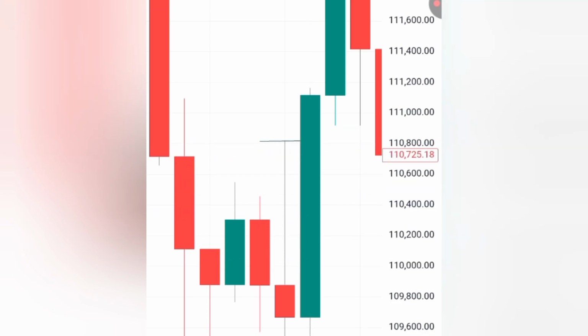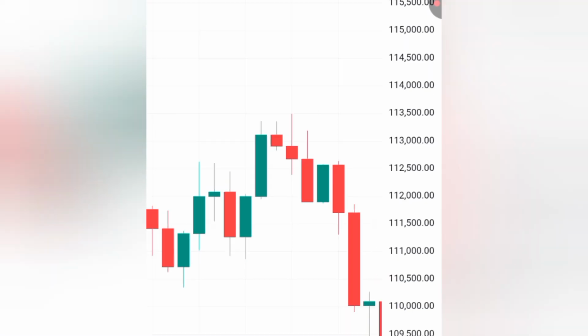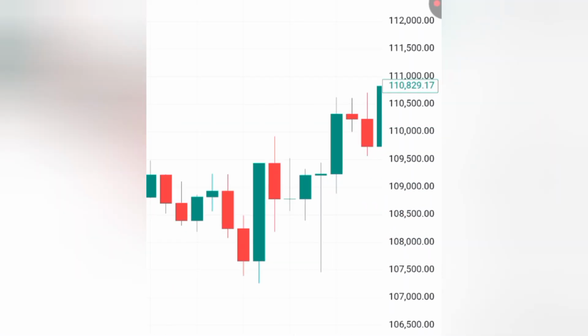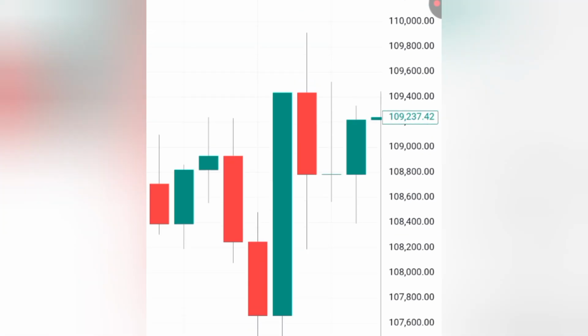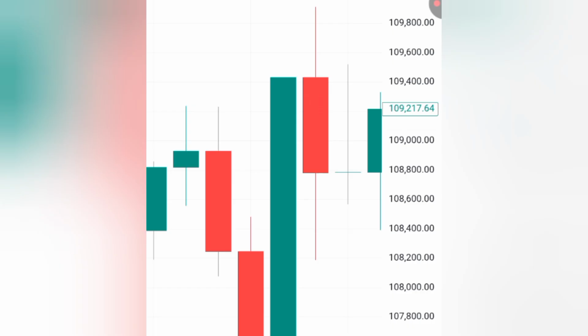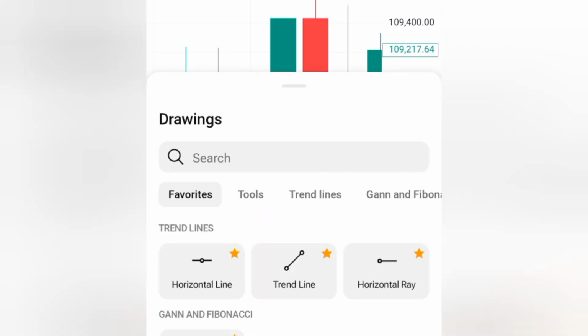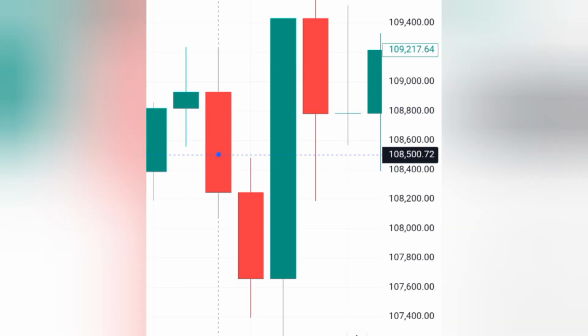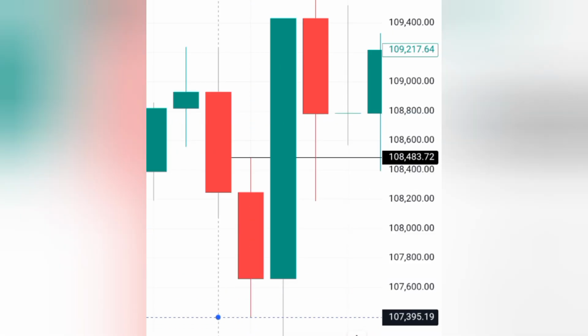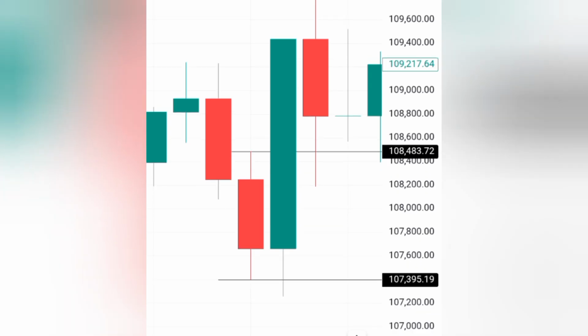Let me show you another example of the bullish engulfing. Can you see this? This one has engulfed it very well. You can see this candle here. It was passing from here and right here. That is a bearish candle.